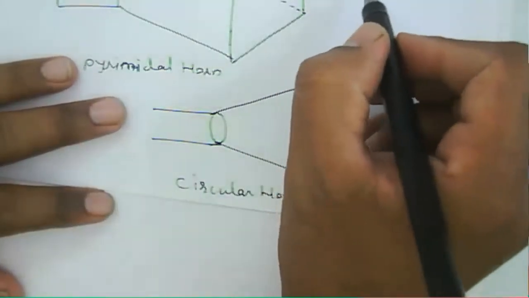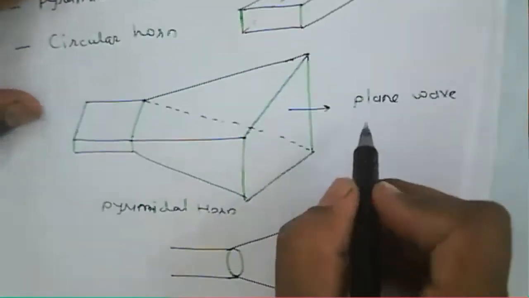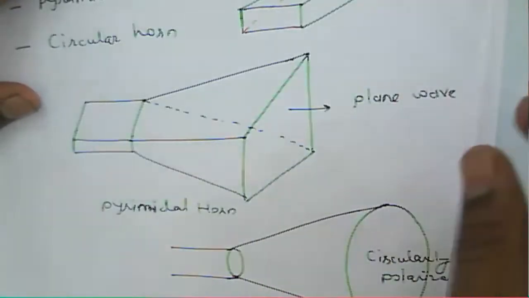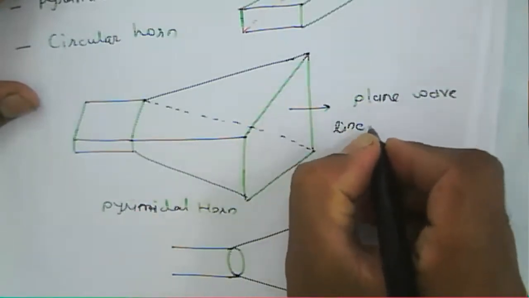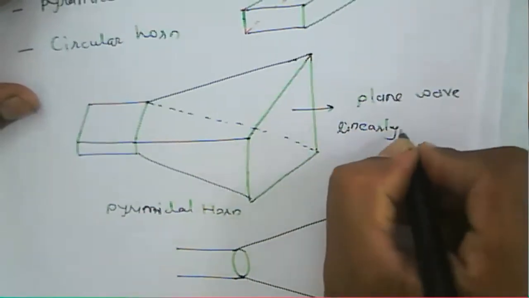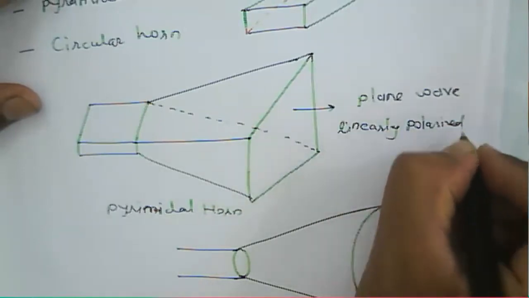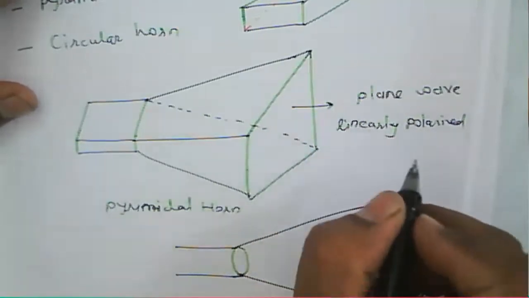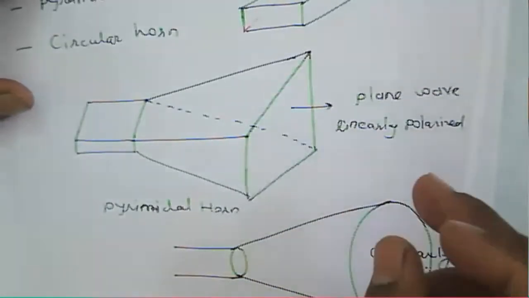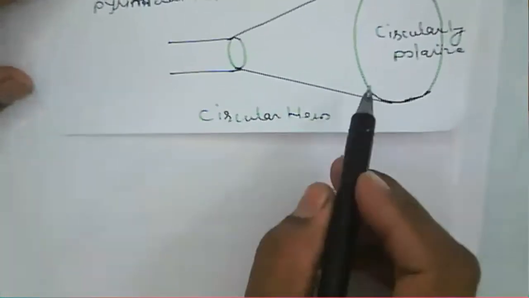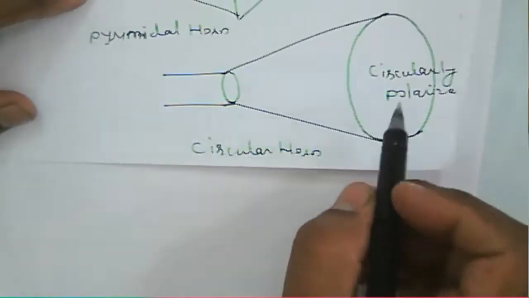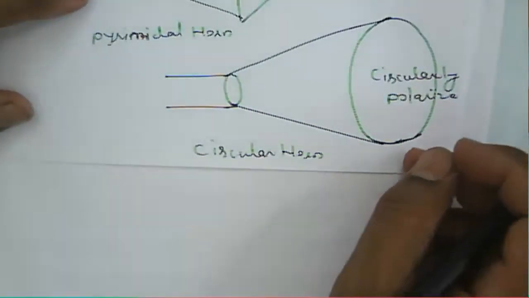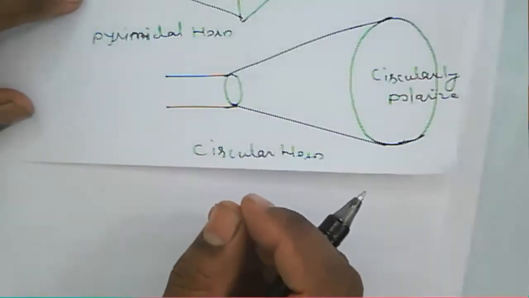But in the case of a pyramidal horn antenna, the wave front is a plane wave and the output is a linearly polarized wave, which means the output is either vertically polarized or horizontally polarized. But in the case of a circular horn antenna, the output will be circularly polarized, either a right hand circular polarized wave or a left hand circular polarized wave.